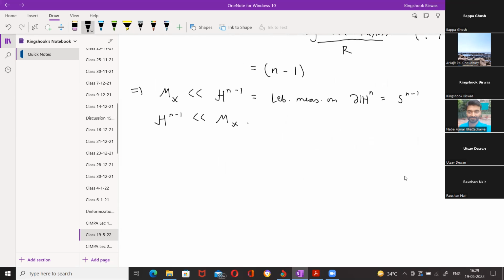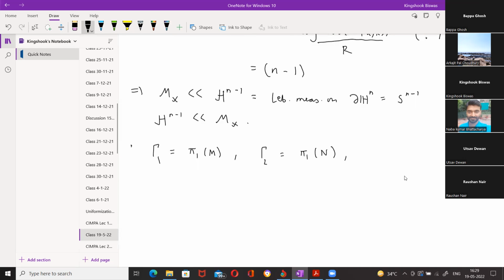And now my f, so if I take say gamma 1 is pi 1 m and gamma 2 is pi 1 n.